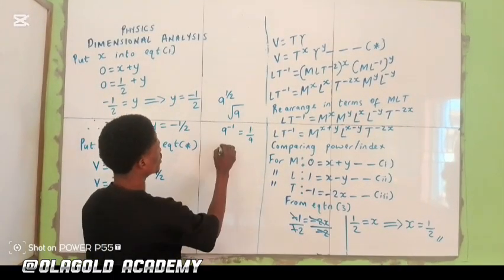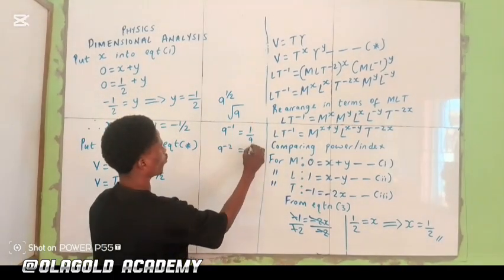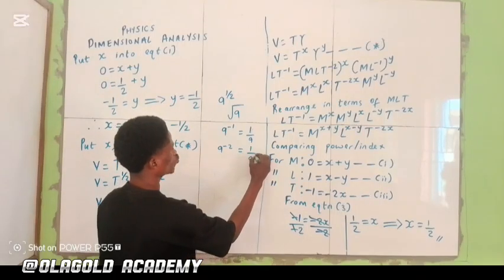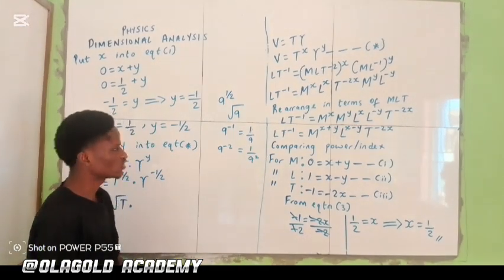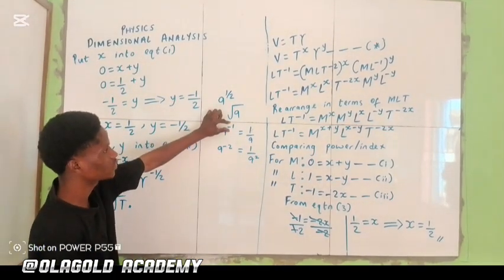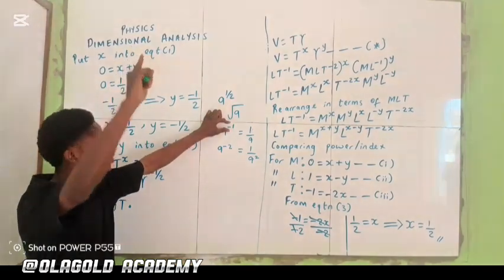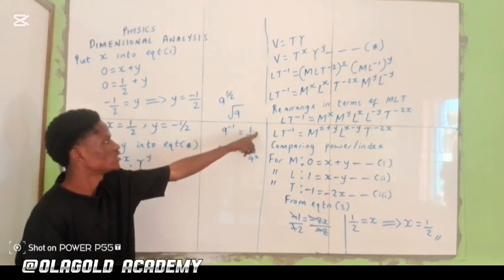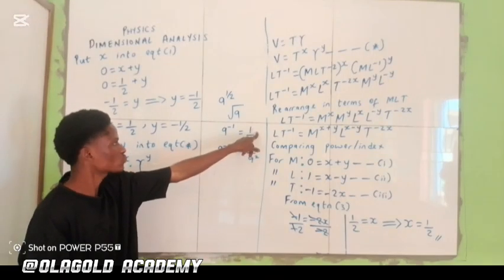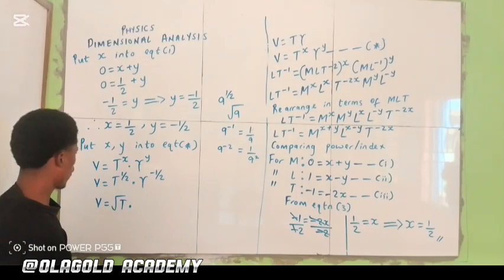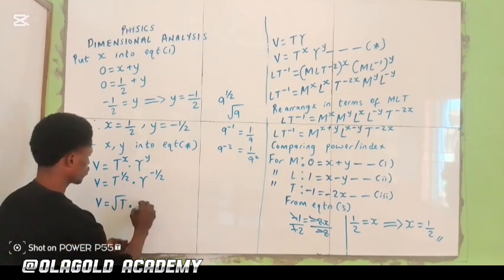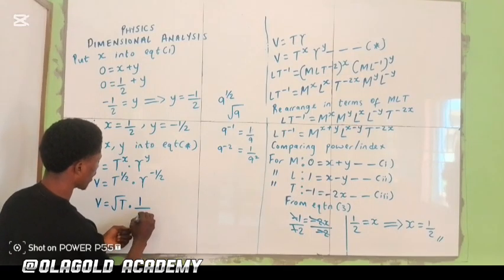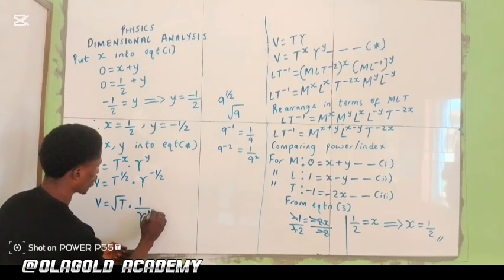If we have a raised to the power minus 2, we're going to have 1 over a raised to the power 2. So if we have a negative sign in power, we can eliminate the negative sign by using an inverse. We can have gamma to be 1 over gamma raised to the power of 1 over 2.